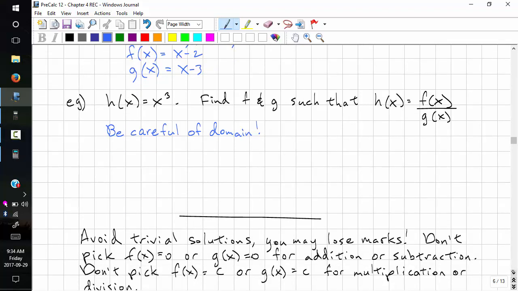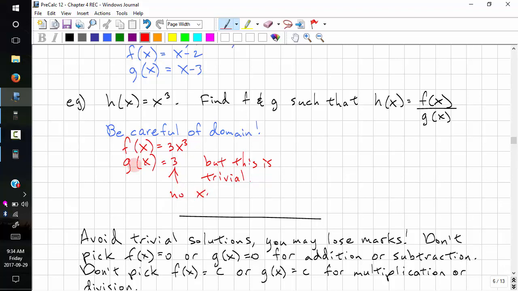And last, h of x equals x cubed. Find an f and g such that f of x over g of x equals h of x. We need to be careful about the domain. We could write f of x equals 3x cubed and g of x equals 3, but this is trivial, because there's no x.